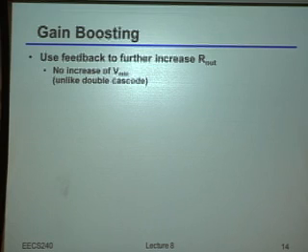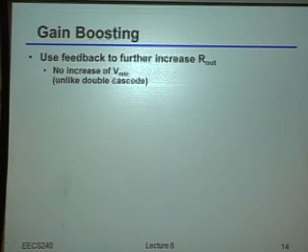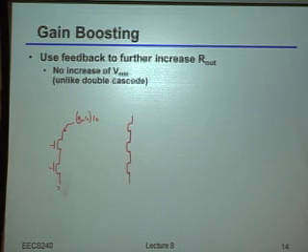Okay? So in particular, we said that if I just had my normal cascode, or single cascode I should say, that would look something like this, right? And as we've said several times now, the output impedance of that would be something like gmro times ro. Okay? So if I want to get even higher output impedance, at least the old classic textbooks would say, well, okay, fine, just cascode it again.